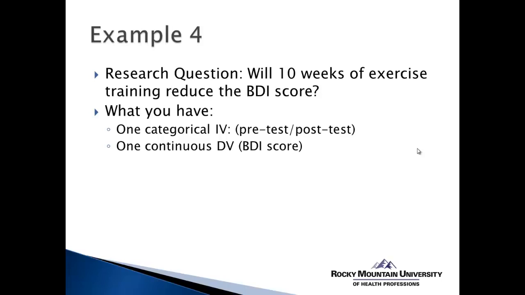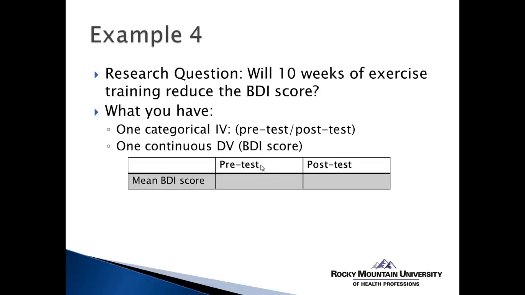So we'll give them a pre-test of BDI, expose them to the training, give them a post-test, and then remeasure the BDI score. So this would be an example of a repeated measures type of situation. The same group of people being measured twice, in this case before and after an intervention. Our outcome is still one continuous dependent variable, BDI score.